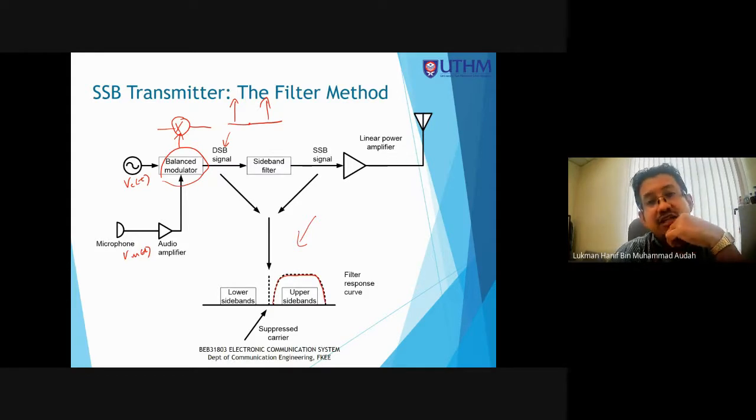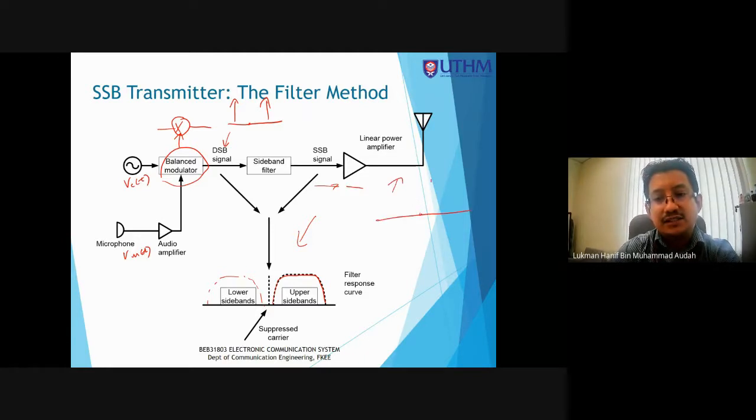Bermakna dalam kes ini dia menggunakan high pass filter to select the upper frequency. Kalau menggunakan low pass filter, you akan select lower sideband. Okay, so keluaran daripada sini akan amplified by the amplifier. Dan signal yang terhasil adalah upper sideband sahaja. Okay.